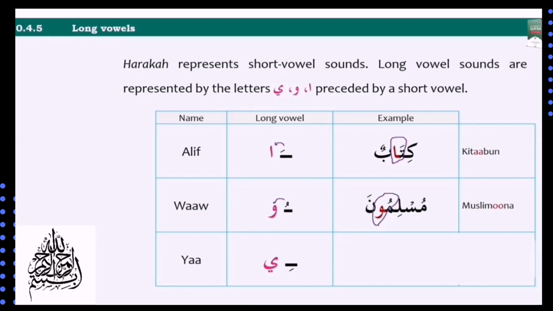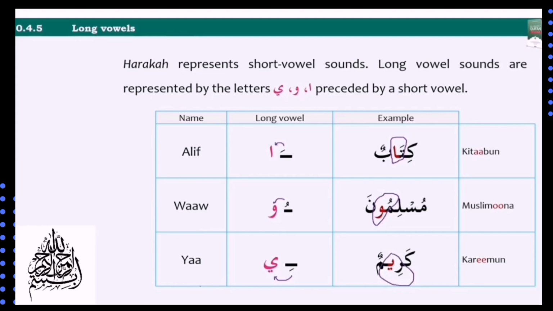So ya after a kasra, you elongate the sound. So you have Karimun, which means noble, Karimun. So you can see here, kasra followed by the ya. So 3 short vowels, 3 long vowels, which are a combination of letters preceded by a vowel sign.